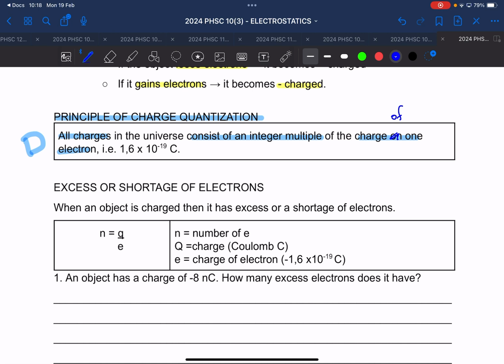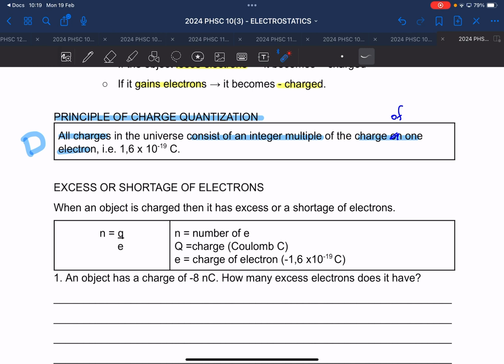What is an integer to me? What does that word mean? It's the whole number. Integer multiple of the charge of an electron. What did you just highlight?